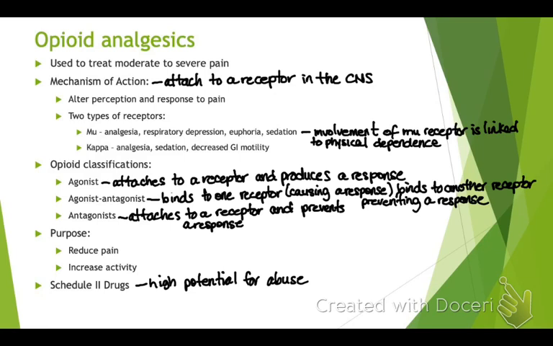Agonist antagonists are meds that bind to one receptor, causing the response, but they bind to another receptor, preventing a response.